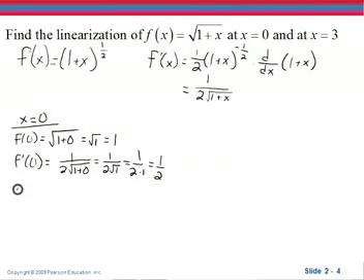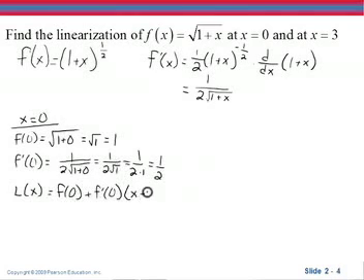Now to find our linearization, L of x, we are going to find f of a, or f of 0 here, plus f prime of 0, and we're going to multiply that by x minus 0. So here f of 0 was 1, plus f prime of 0 was 1/2, times x minus 0.